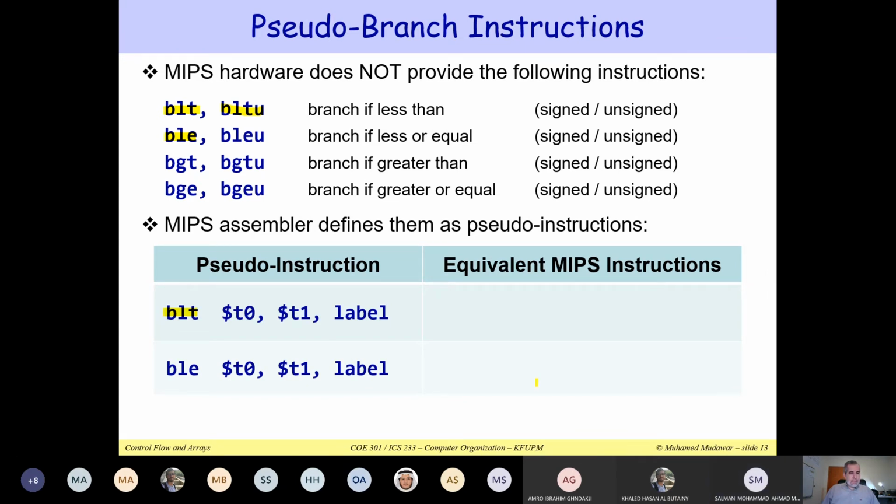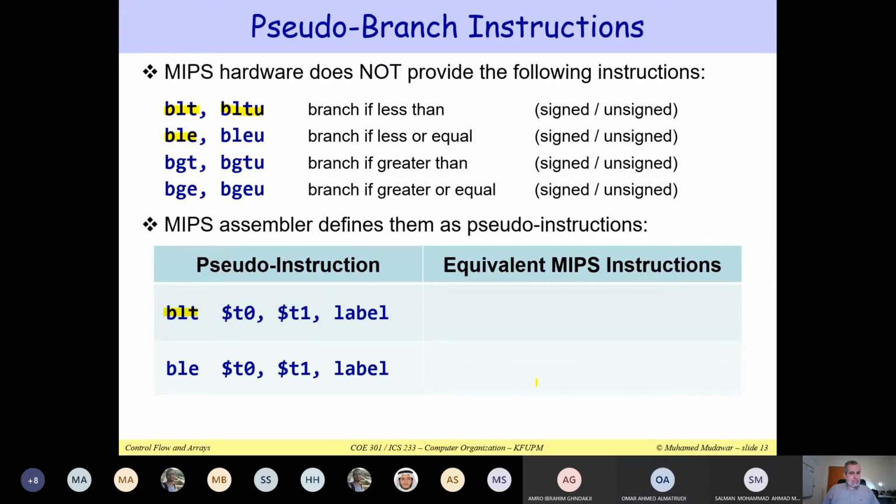Okay, tell me how to translate the branch less than into equivalent MIPS instructions. We'll have to use the SLT, which is comparison. So we can compare T0 with T1, but set less than will be true or false. And then?